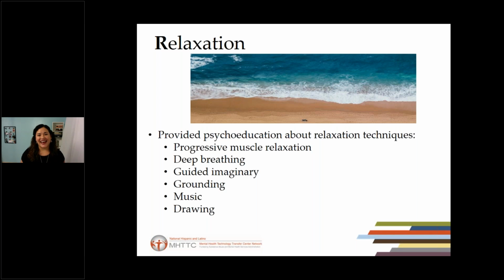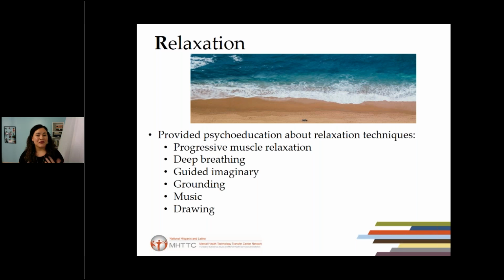Another thing that is part of the TF-CBT training is to let them know the difference between tense and relaxed. So we did the spaghetti example. Uncooked spaghetti is really stiff, right? And then cooked spaghetti is more wiggly, right? And she loved that exercise.